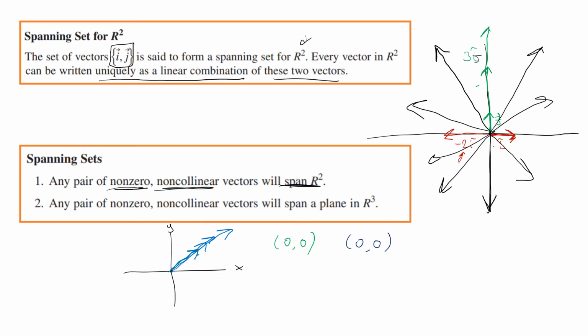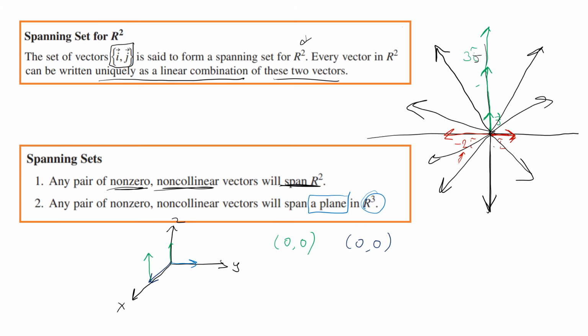The only thing for R cube is that instead of saying any pair of non-zero non-collinear vectors will span R squared, they add that it will span a plane because it's three-dimensional. So let's say I had this value, and this value, and this value. When I add them together, I would get something like this.